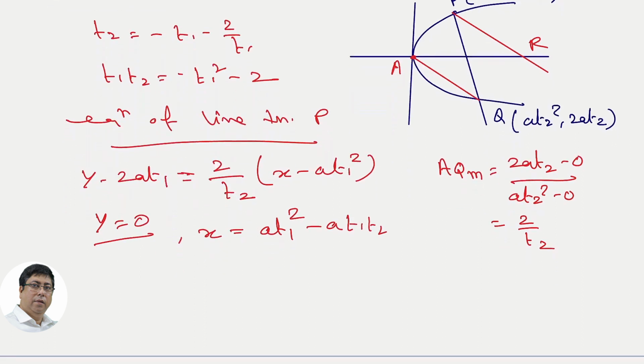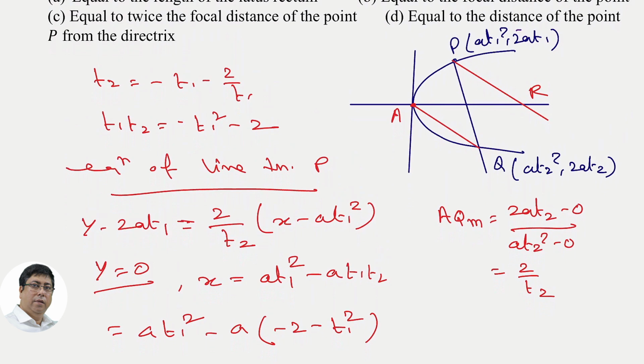Therefore aT1 square minus a into (minus 2 minus T1 square). In this case T1 square, it is coming from here. Just I am taking this value.